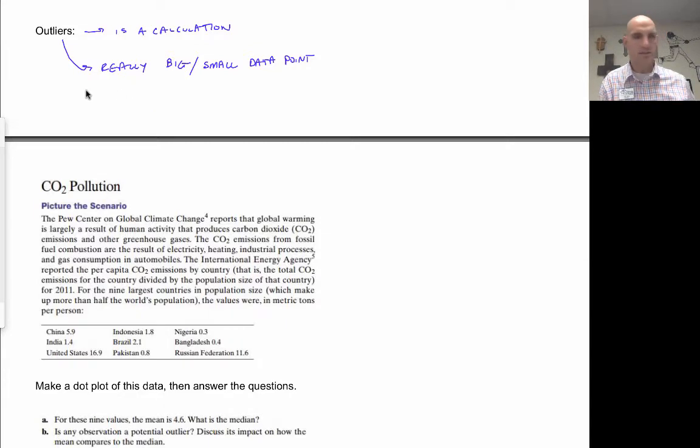If you see one that looks like it's way out there, either high or low, just say potential outlier, or possible outlier.